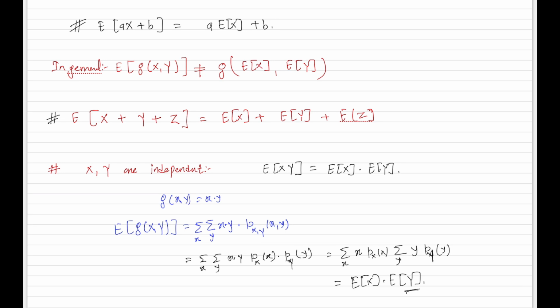So we have verified that if these two random variables are independent and we want to find the expectation of their product, then it would be the product of their individual expectations.